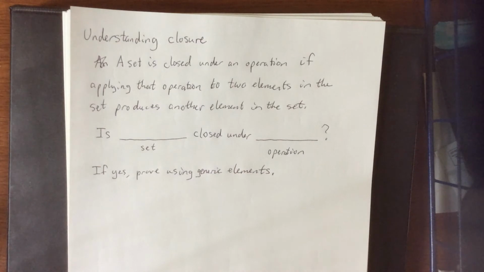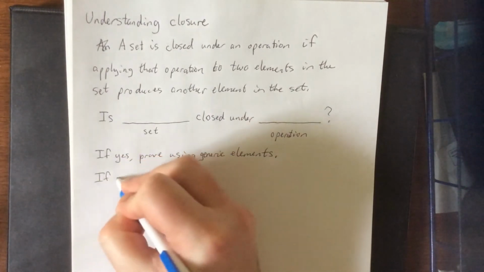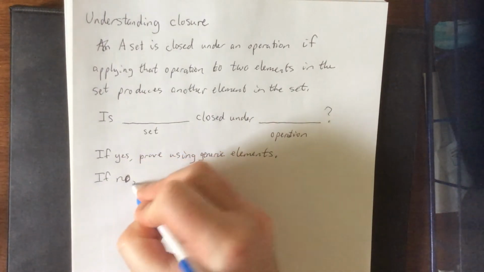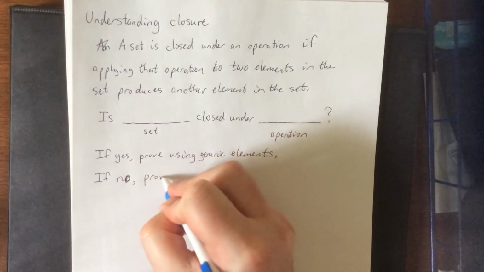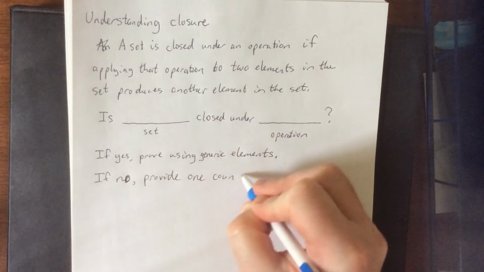So if we want to prove that it is closed under an operation, then we need to prove that it's true for everything within the set. If not, then it'll be our responsibility to provide one counterexample. So if the answer is no, we need to provide one counterexample.